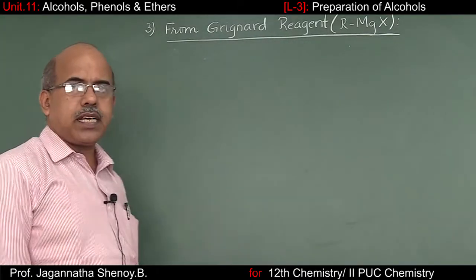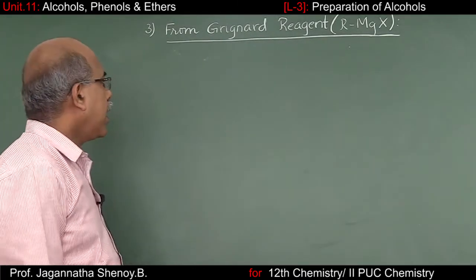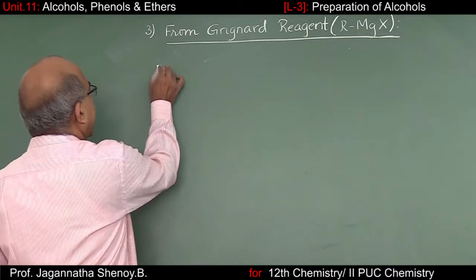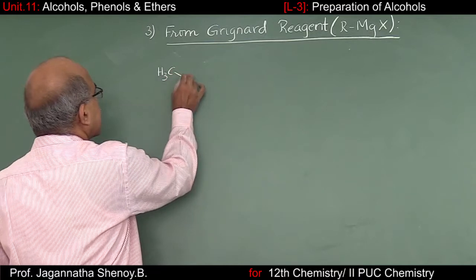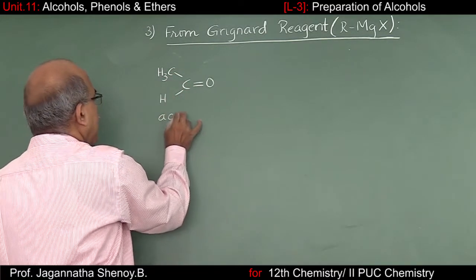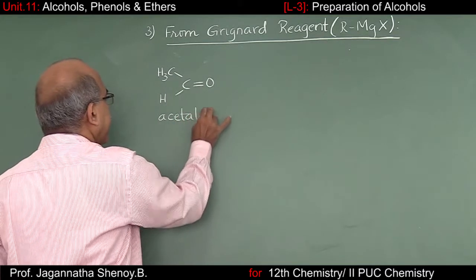So let me consider a specific example. Let's say I'm going to start from acetaldehyde. So acetaldehyde, I'll write it like this: CH3 C double bond O H. Acetaldehyde.